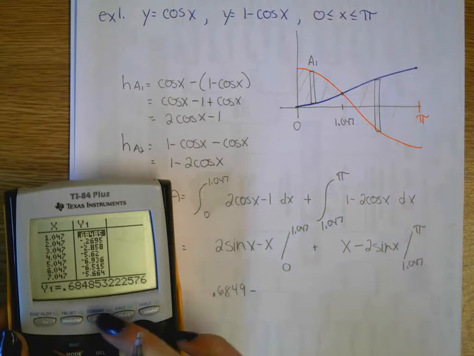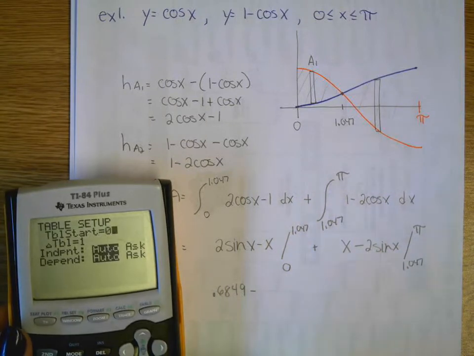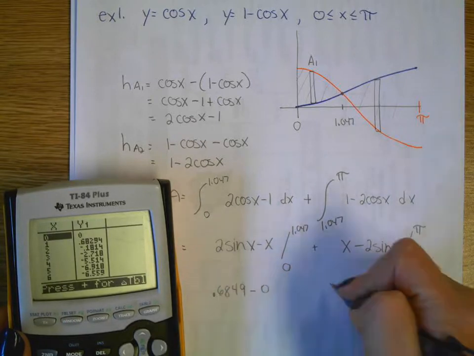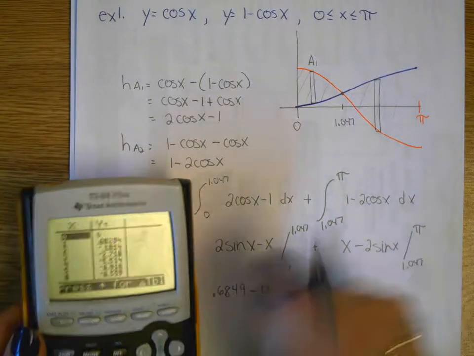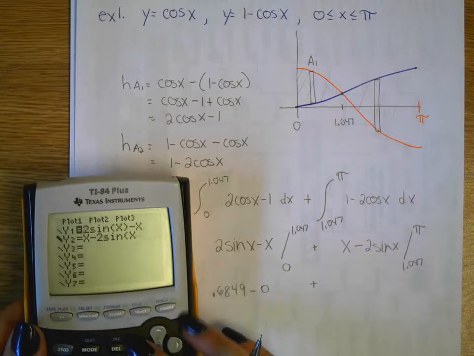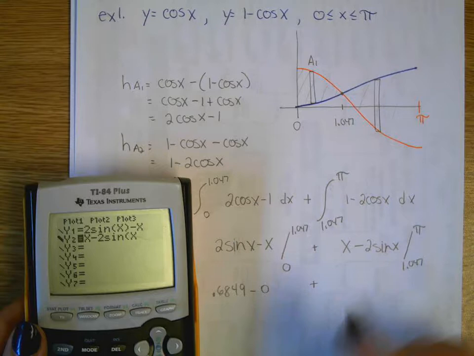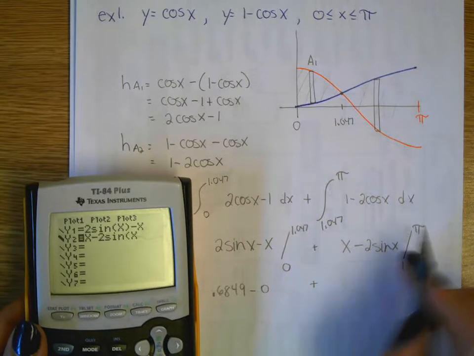1.6849 minus, putting in 0, I get 0. And then over here, I'll turn this one off. I've already got it typed in to save time. I need the pi first.